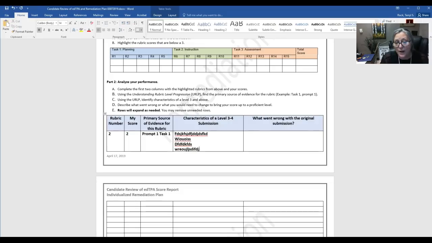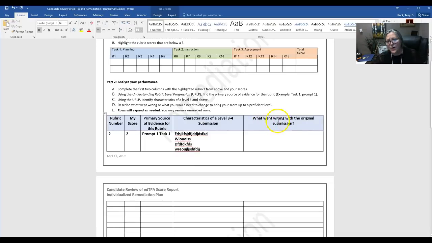We're not looking for a level 5. You can put that there if you want to, but we're only wanting to bring it up to a level 3 or a level 4. And we're going to compare what we did need to what we had.